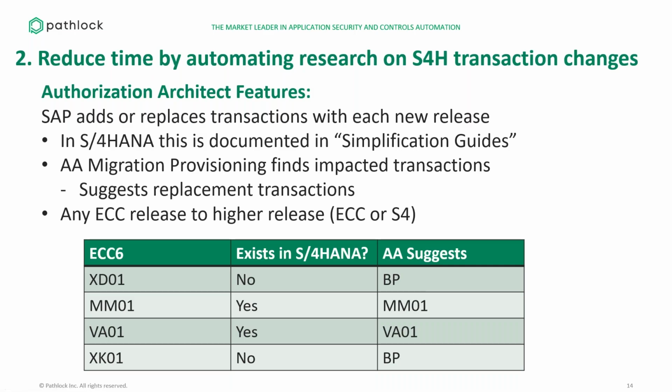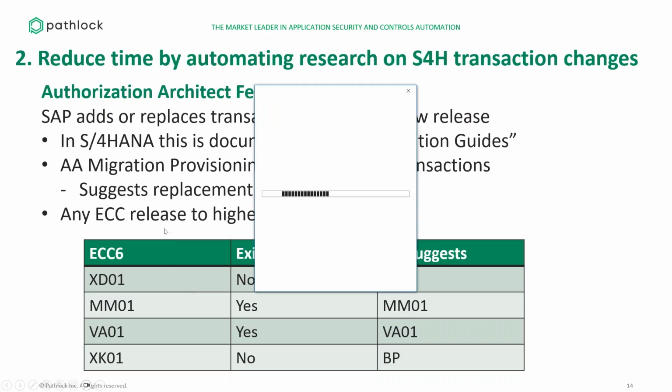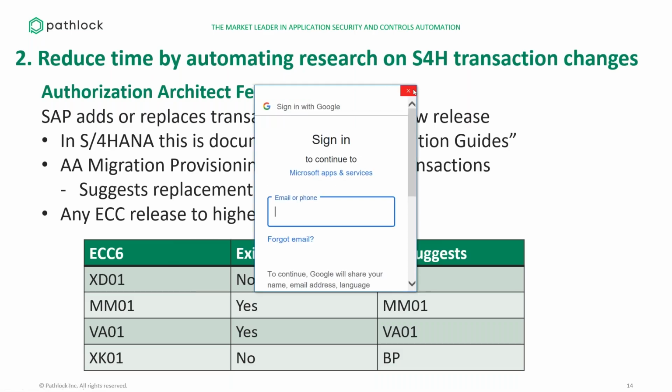And so then you can decide, do I add BP? Do I replace XD01? Or do I just ignore the advice and just leave XD01? You're still totally in control. So this is a big time saver for your security team.